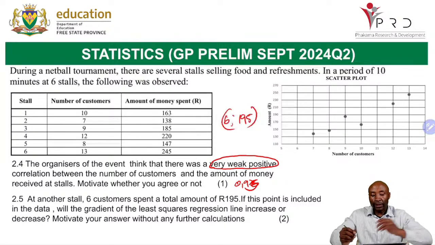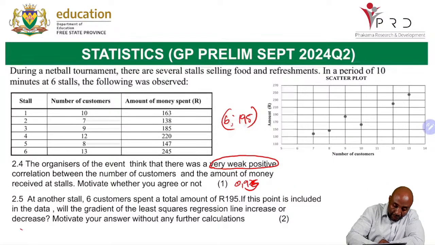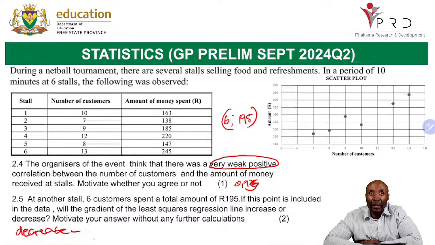Looking at this, you are able to see that 9 customers, 185, 12 customers, 220, 13 customers, 245. So this point with coordinates 6 and 195 is very far from the least squares regression line. So you are able to say the gradient will therefore decrease. Why will it decrease? Because this point is further from the line of best fit.